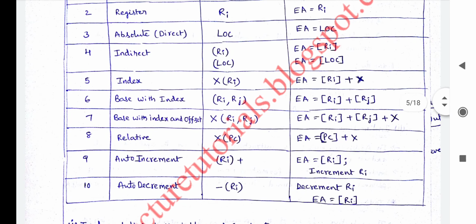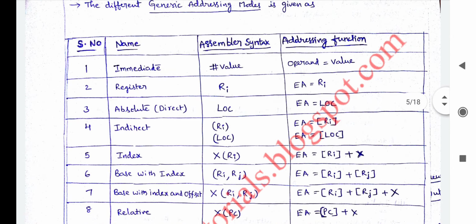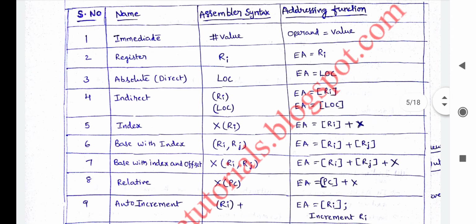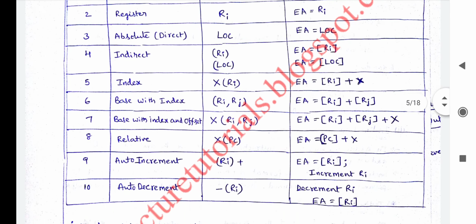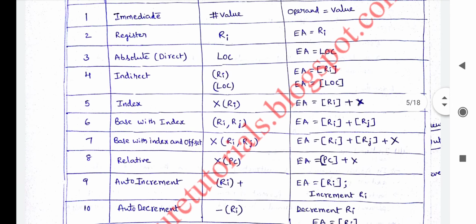It's nothing but register address plus 1. Next, auto decrement: -(RI), decrement RI, effective address is equal to RI after decrement. One more time, please observe carefully. These are the 10 different types of addressing modes.